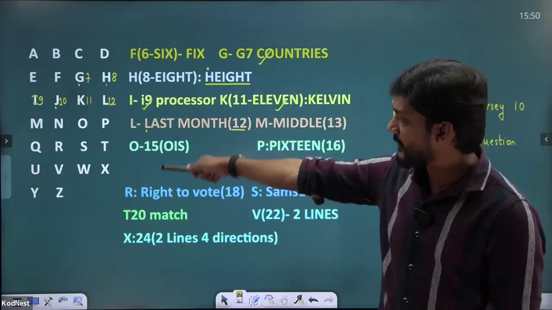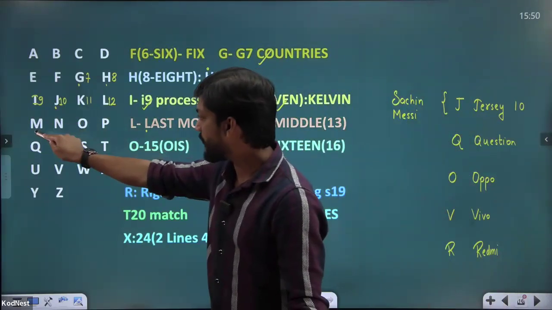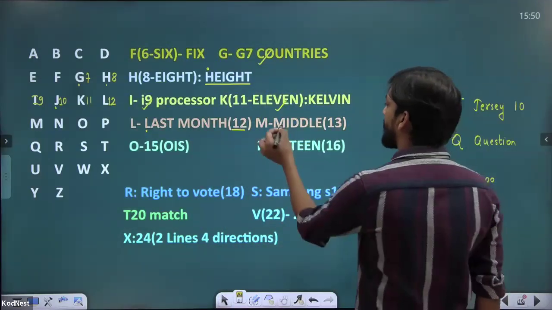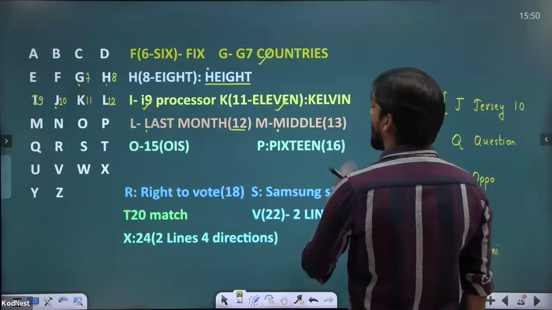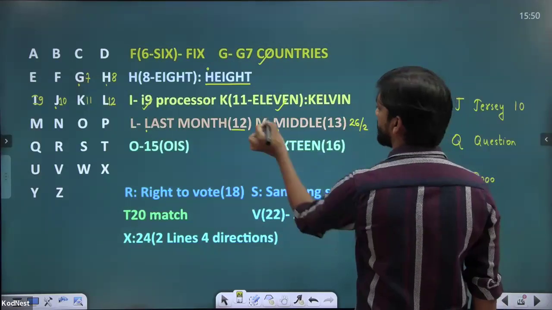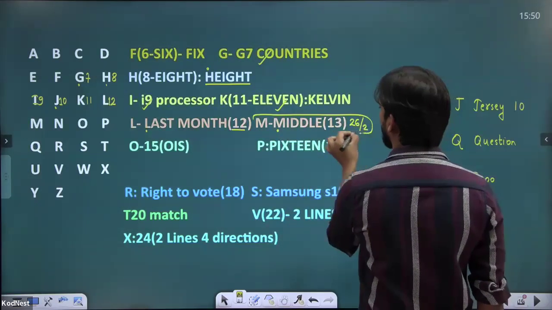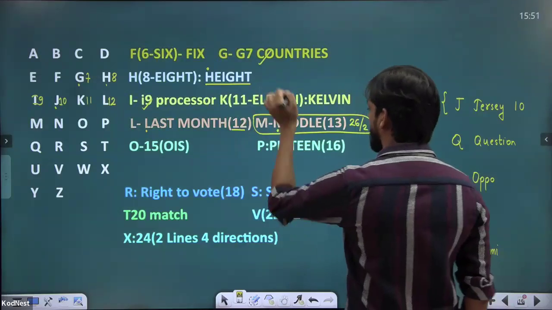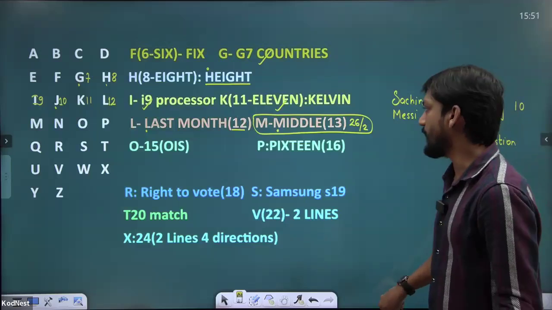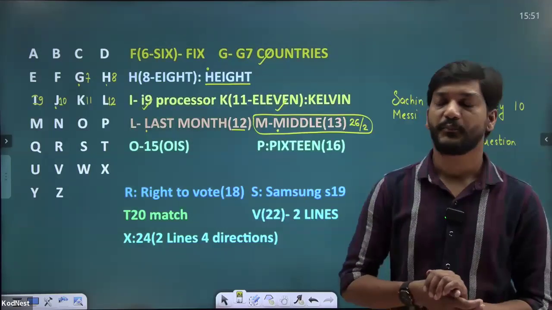But with 26 objects, I will not say M is in the middle or N is in the middle, but nearly I can say that M comes in the middle. And middle is 26 divided by 2, that is 13. So M for middle, not exactly. Middle of 26 is 13. So this way we can memorize.